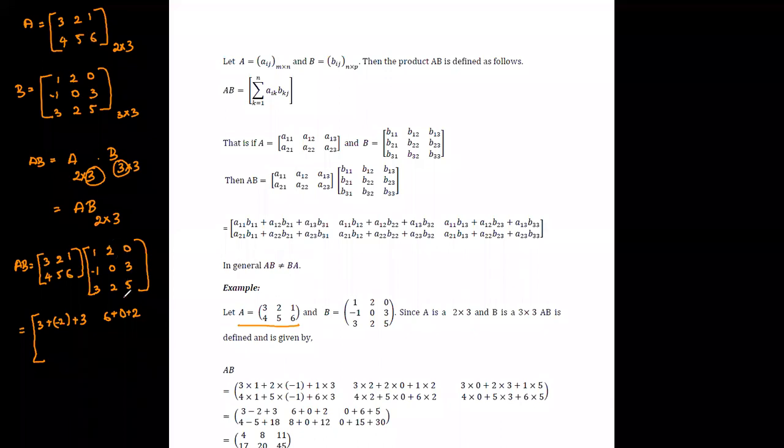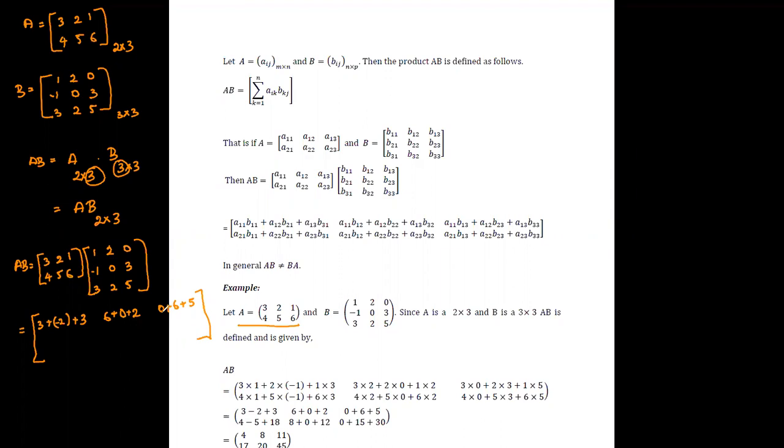Since we have finished the second column, we move to the third column: 3 times 0 is 0, plus 2 times 3 is 6, plus 1 times 5. Then since there are no more columns, we have finished the first row.